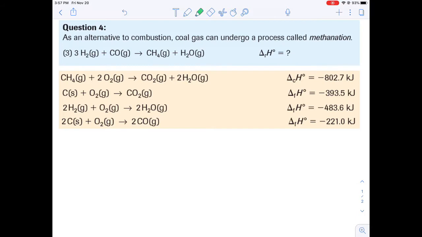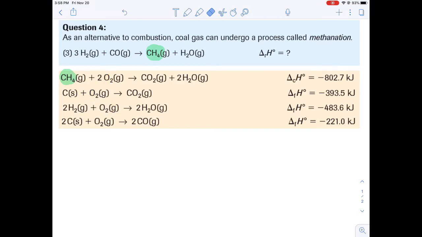So in this first reaction, I have methane, and methane is probably going to draw your eye. It's a discrete chemical. It's the only chemical that's there. There's also oxygen, carbon dioxide, and water. But I would not choose to use oxygen to balance because oxygen's in all of these reactions. It's going to be a bit of a nightmare to try to balance.